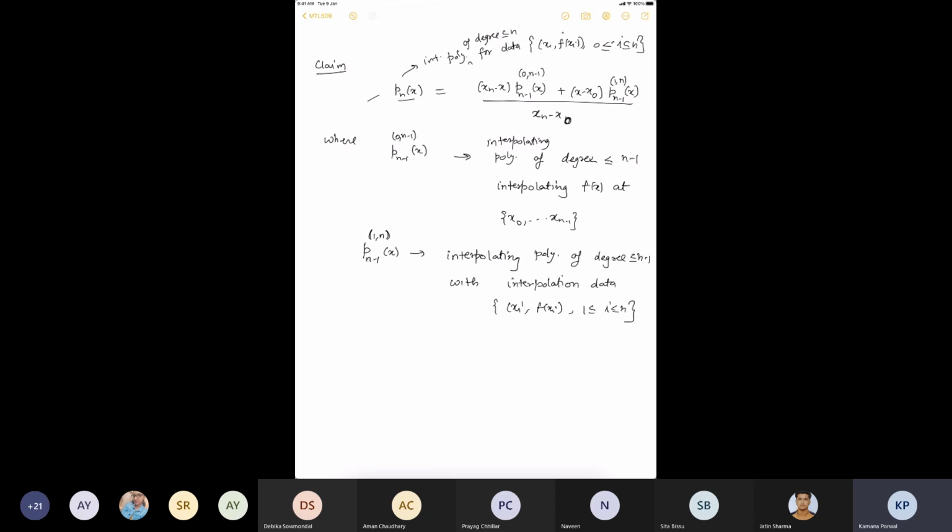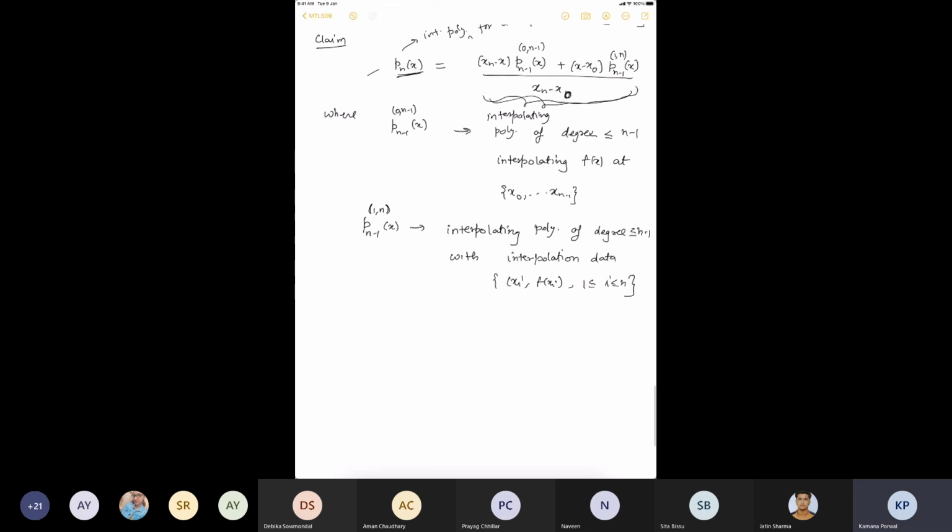So if we are saying this is an interpolating polynomial, and we can also prove that this is another interpolating polynomial for the same data with degree less than or equal to n, then by the uniqueness of the interpolating polynomial, they both have to be the same polynomial, right? So this means that both are going to be equal.